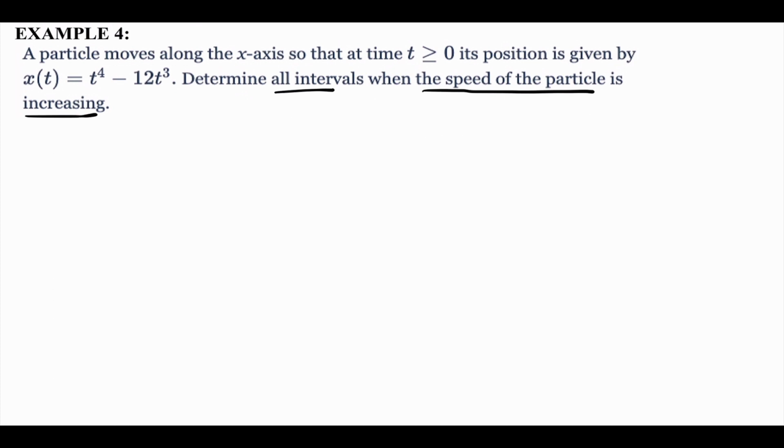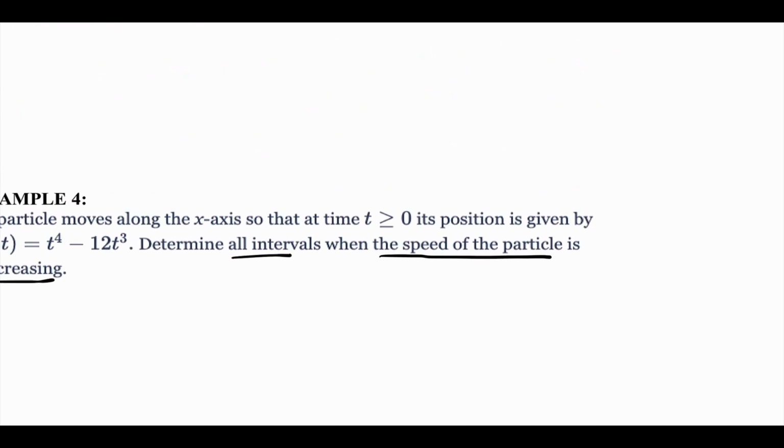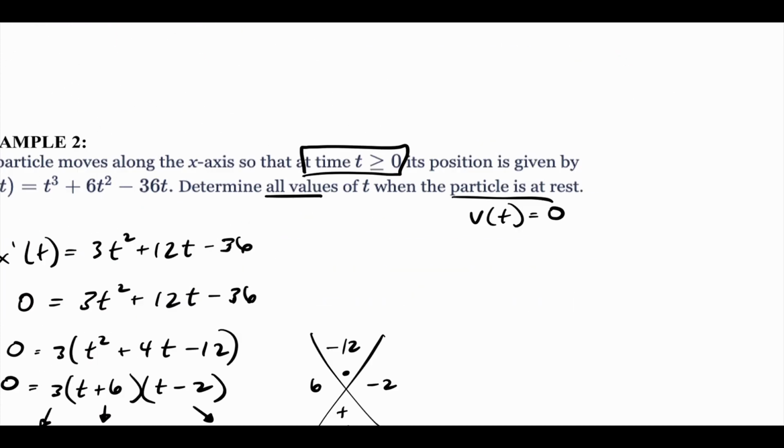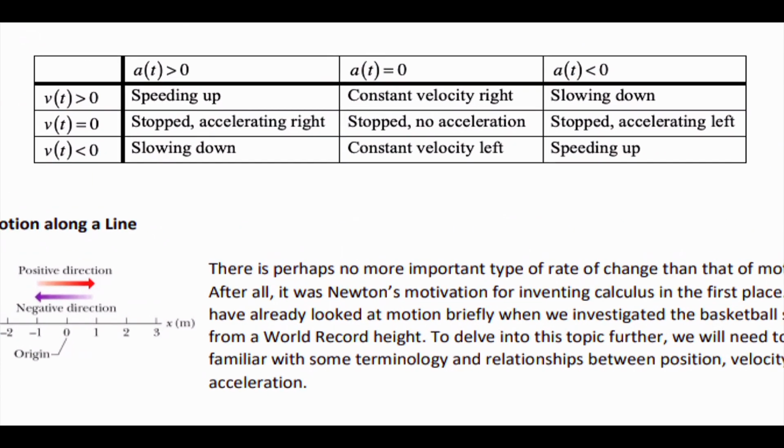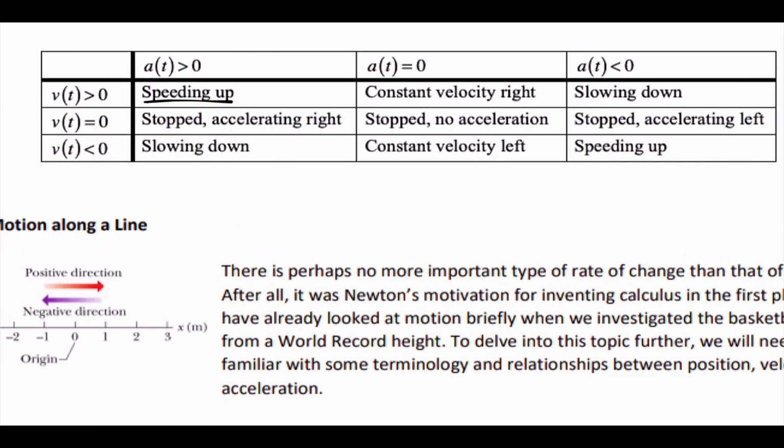What does it mean in terms of calculus? We're going to have to find the first derivative, but how are we going to know if speed is increasing or decreasing? Not just the velocity. Speed increasing means speeding up.